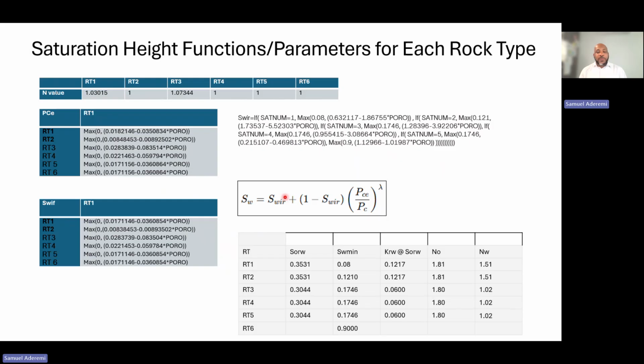But in a situation that you have the porous plate measurement, that can really help you to better understand the irreducible water saturation in each rock type in your model. And if the data is available, that can really be helpful when we are building the saturation height model, as the case may be.